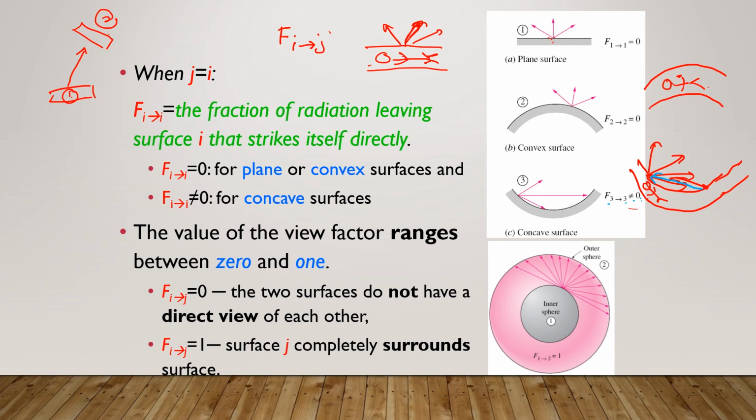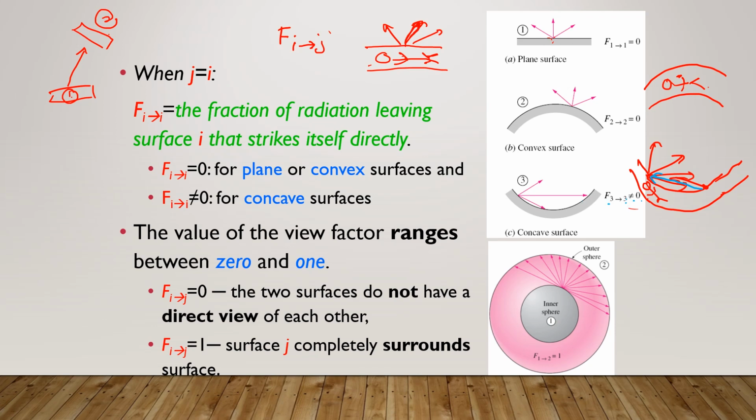Okay, and to understand how to calculate F3 to 3, after this you will know about the rules. Those rules will explain and teach you how to calculate F3 to 3 for different cases. Okay, so at this point, F3 to 3, 3 is the surface. This surface will emit or radiate energy, and does it strike back to surface number 3?